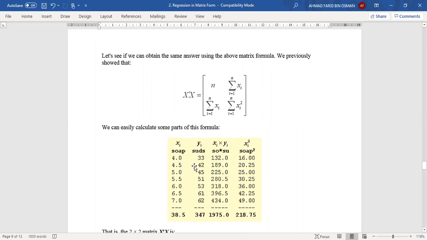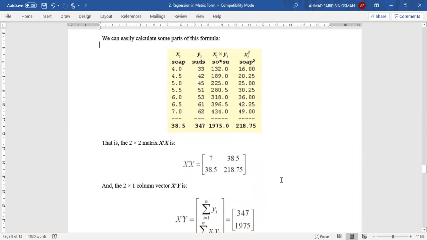So you have the sum of x and the sum of y. Then to get the sum of x squared, you square each x: 4 squared is 16, 4.5 squared is 20.25, and so on. You get the sum.